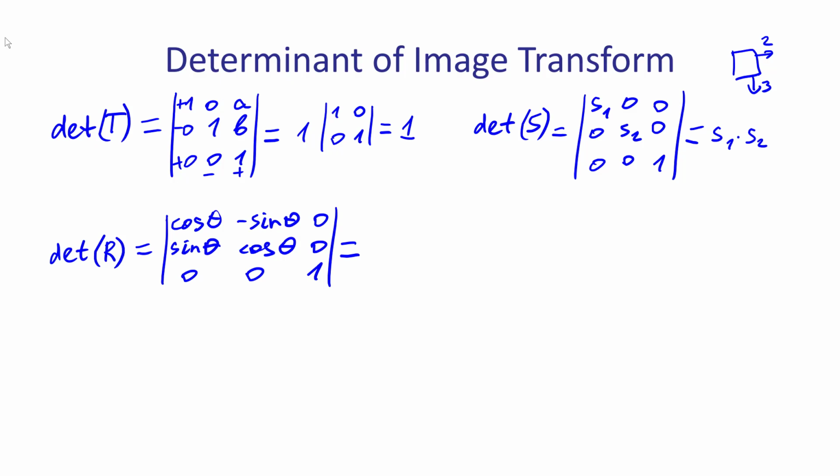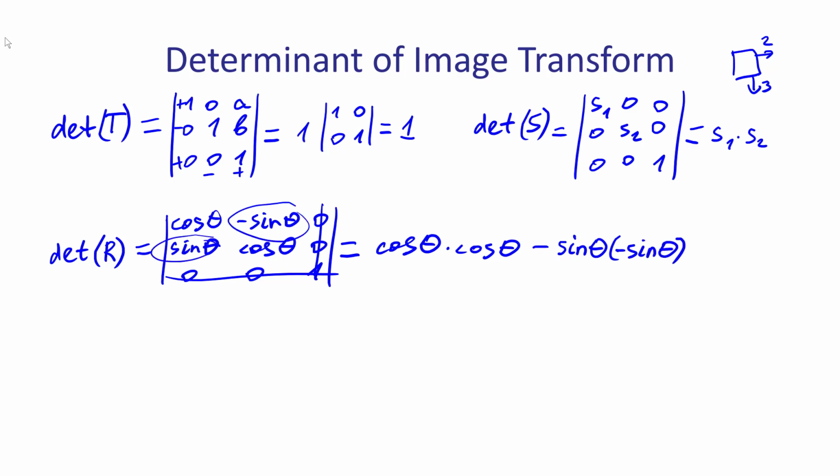So it will be 1 multiplied by cosine theta multiplied by cosine theta, developing by the Z column, and minus sine theta multiplied by sine theta. This is cosine squared plus sine squared. And from trigonometry you know that for any theta this is always equal to 1. So rotation is not changing anything in the area.